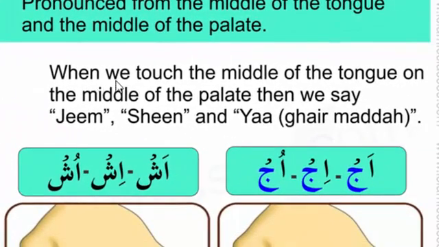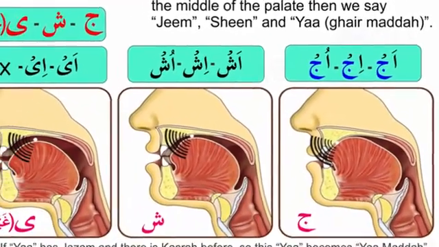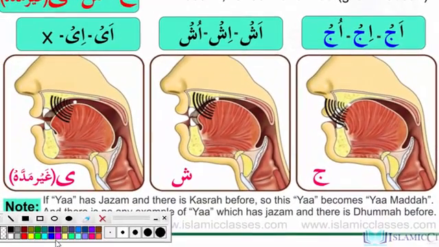So we say when we touch the middle of the tongue on the middle of the palate, all right. Which place is the middle of the tongue? Let me show you in this image. This all is the tongue, up to here.